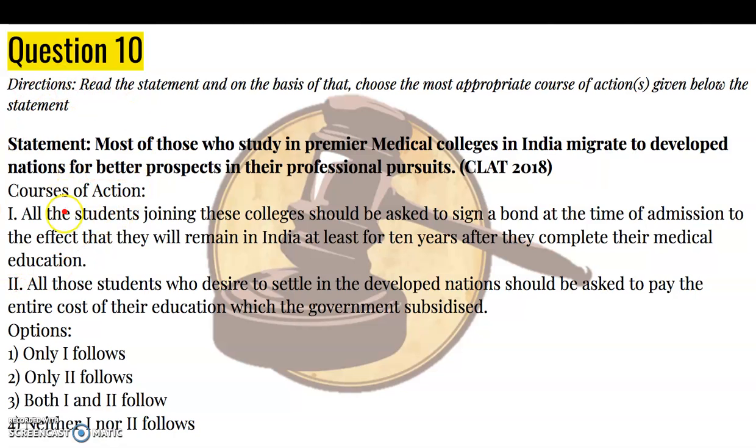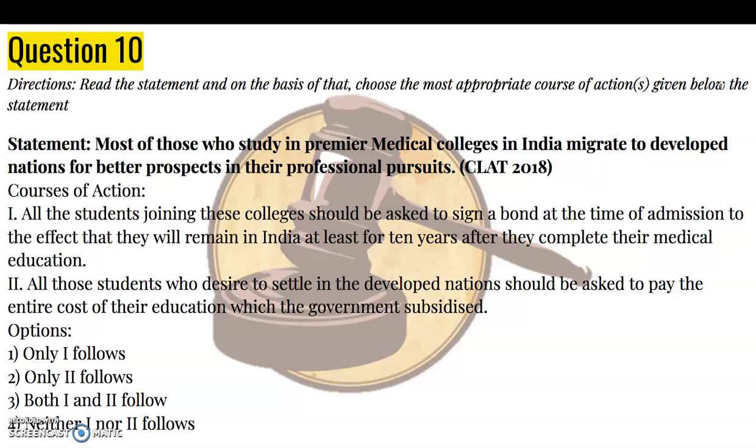First one says that all the students joining these colleges should be asked to sign a bond to the effect that they will remain in India for at least 10 years after they complete their education. This one is not valid because it's infringing upon the students' freedom to move abroad.